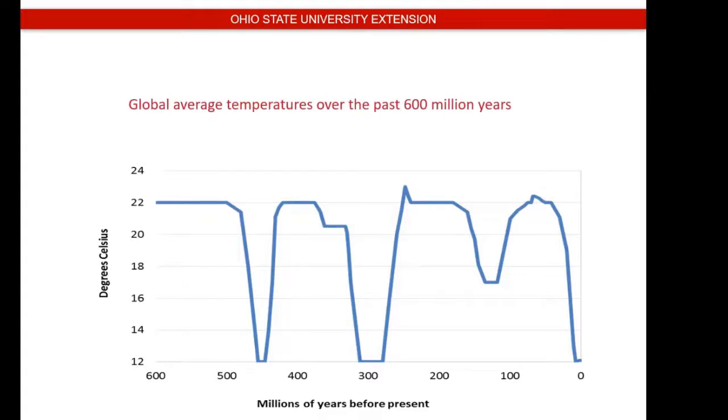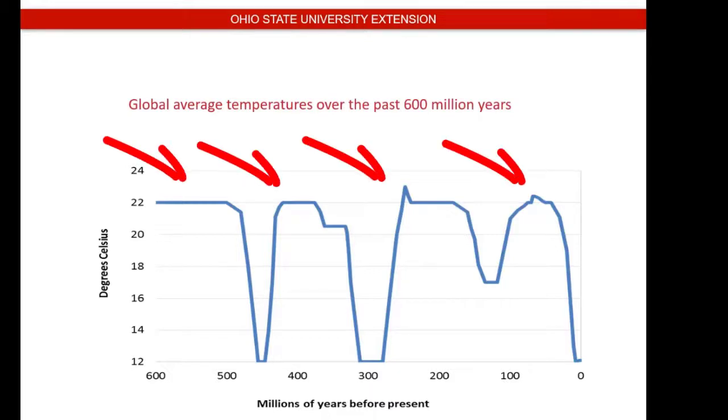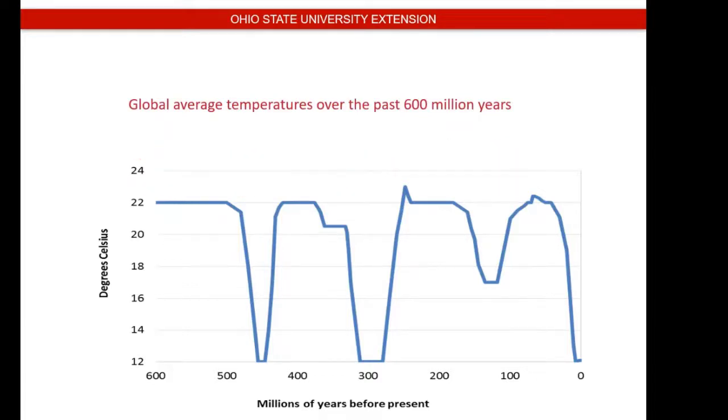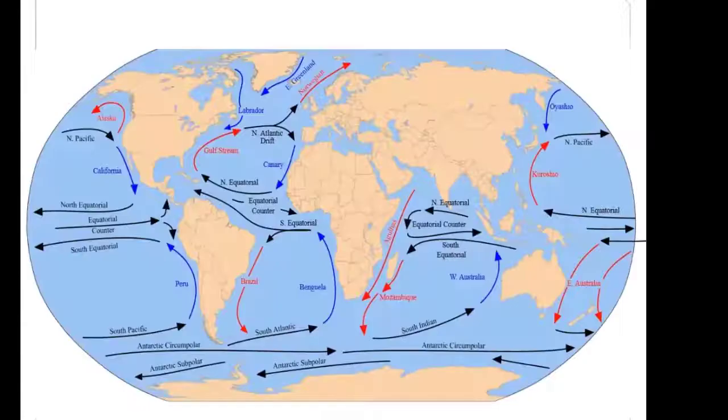Whenever you see that temperature up at 22, 18 degrees warmer, you know that water is flowing from the tropical oceans, the equatorial oceans, unimpeded up over the poles. And in the cold house, something's preventing that. So ocean currents are very important. And I want to go through those.